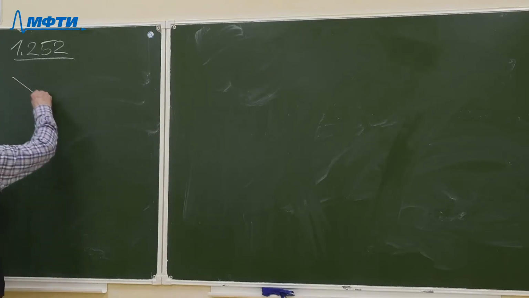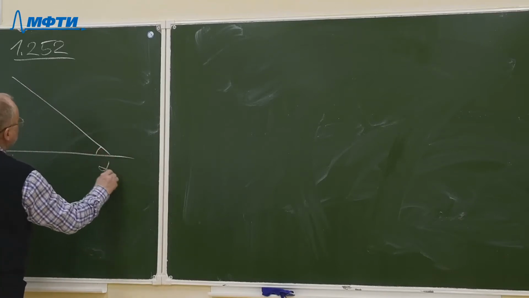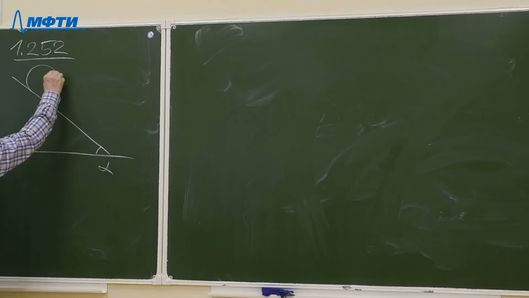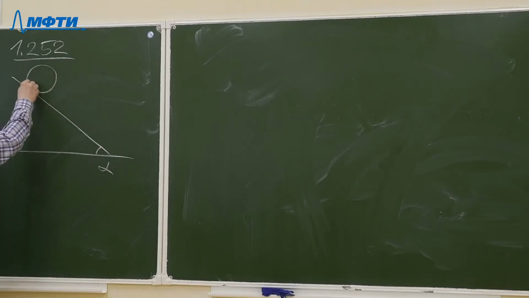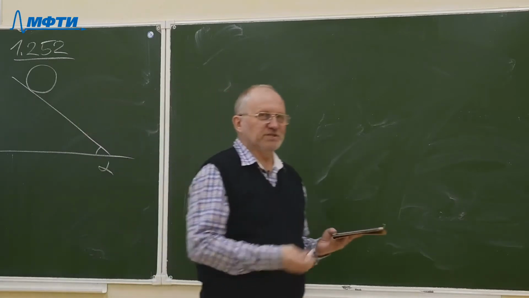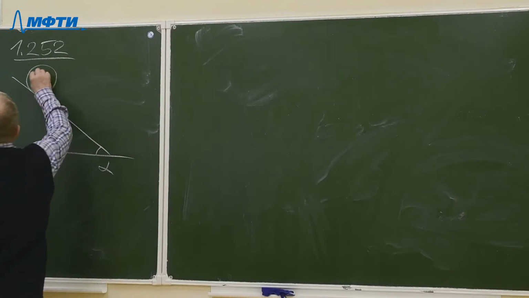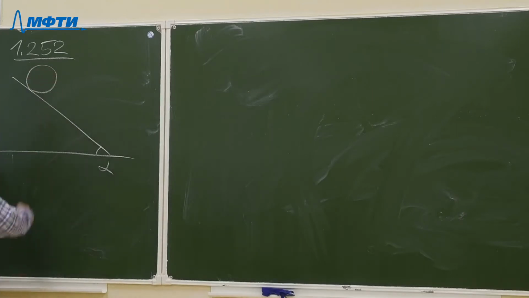So we have an inclined plane set at an angle alpha, and here is a uniform sphere, or a ball, a uniform sphere. And no, it's not quite a ball. A ball is an empty sphere, hollow. But this is a uniform sphere with uniformly distributed mass. And we know the mass, we know the radius of the sphere.